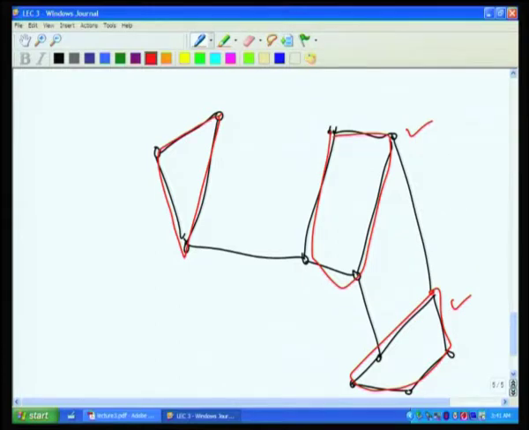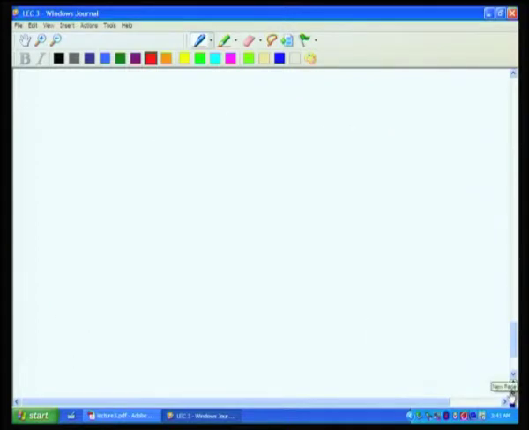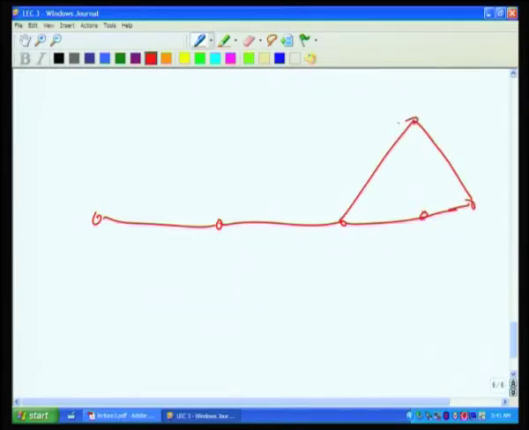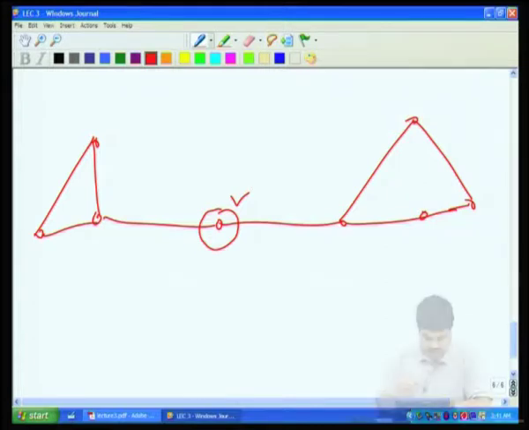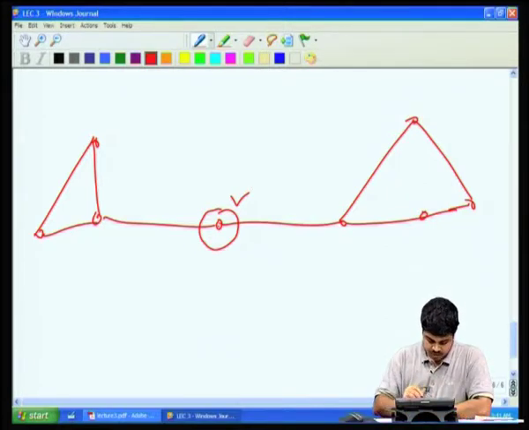On the other hand, if you had taken a graph like this, here we cannot find a cycle cover, because it is not possible to get this vertex in any cycle, right. It is not possible to get a collection of cycles such that this is in one of them. Or, is it possible to have a cycle cover for this kind of a graph?